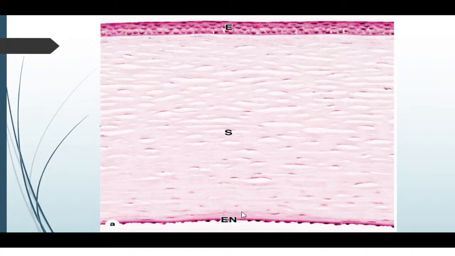Next is Descemet's membrane. It's analogous to Bowman's membrane, but it's a result of active production of the innermost epithelium and cornea proper. That's the innermost epithelium, ordinarily named endothelium. This is a simple squamous epithelium of the cornea.